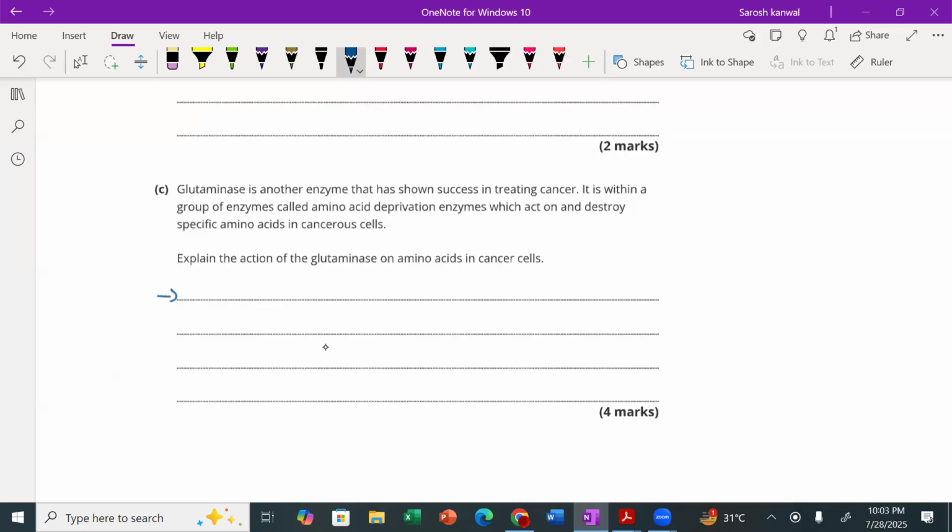Okay. So actually, you have to explain the action of glutaminase on amino acids in cancer cells. However, your answer is also correct.